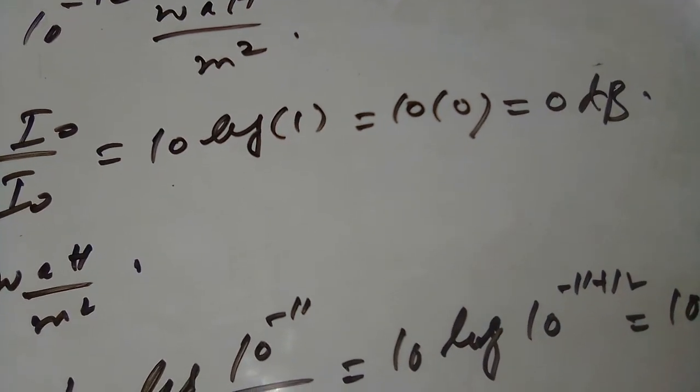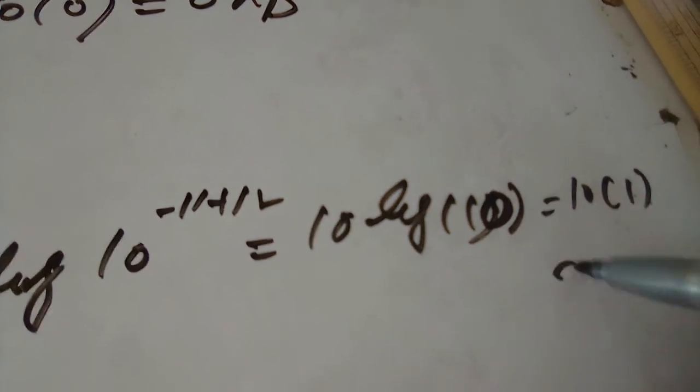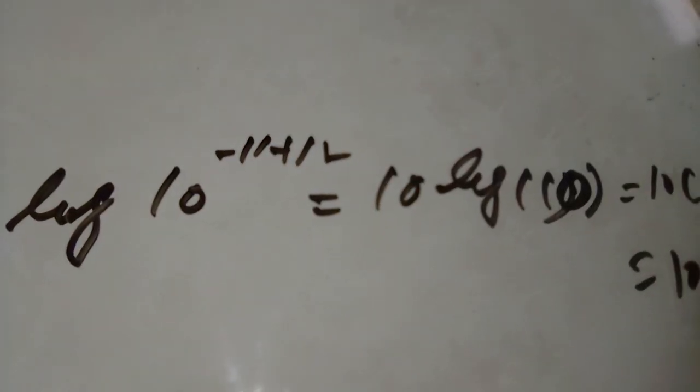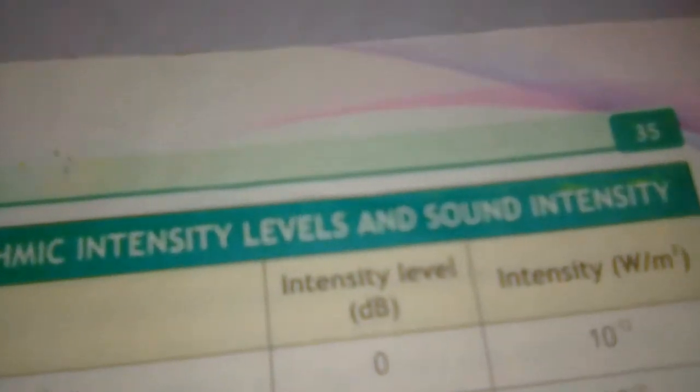Log of 10 is equal to 1, so 10 into 1 is equal to 10 decibel.